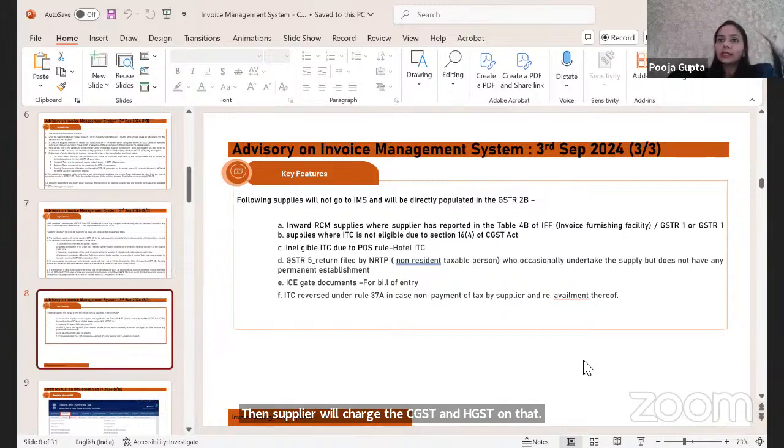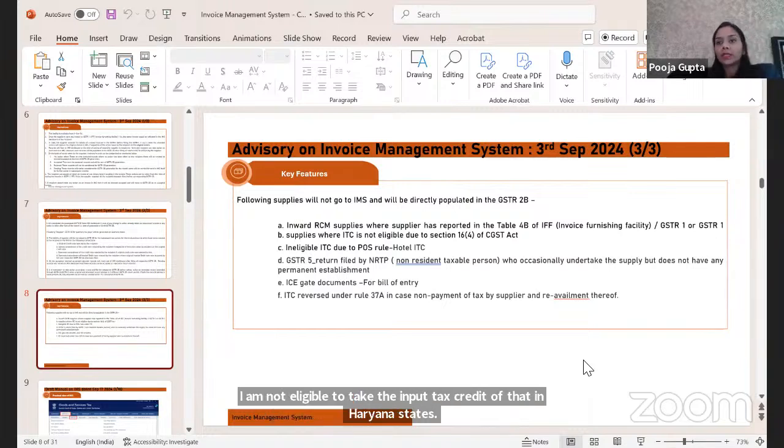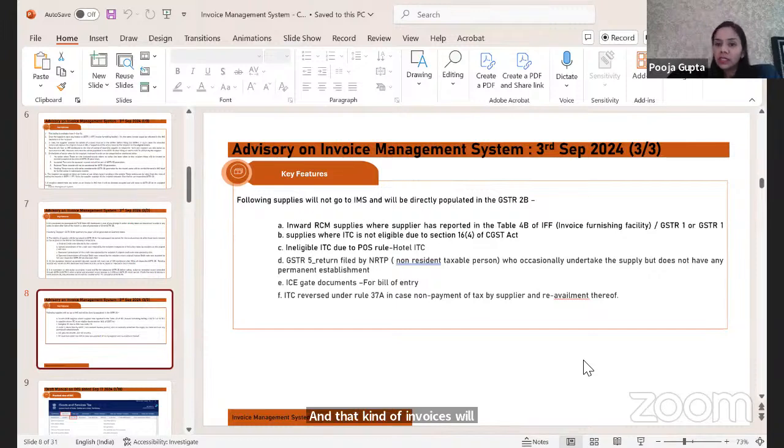But I am not eligible to take the input tax credit of that in Haryana. That kind of invoice will not flow in the IMS dashboard, but as we discussed, it will flow in the GSTR 2B, but not in the IMS dashboard.